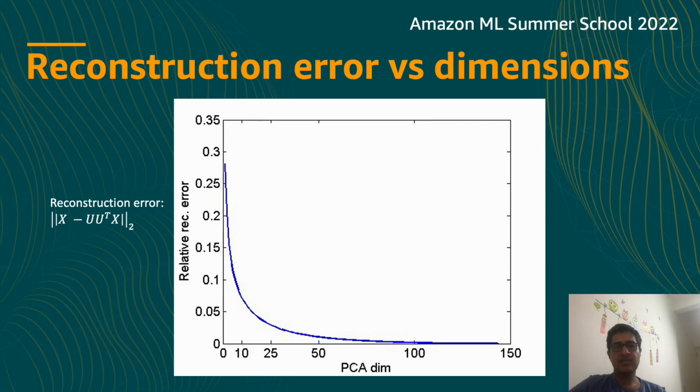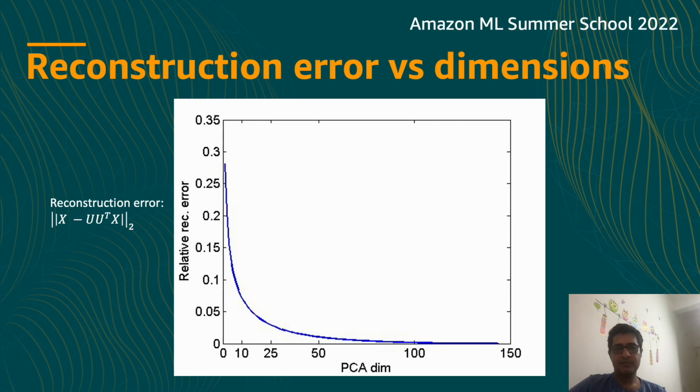This graph shows that if X hat was, say, only 10 dimensions, how much of your matrix would you be able to reconstruct, that is, how much information loss do you have. Let's say this is our reconstruction loss metric. As your PCA dimensions increase, once you go beyond 100, of course, you have zero loss.